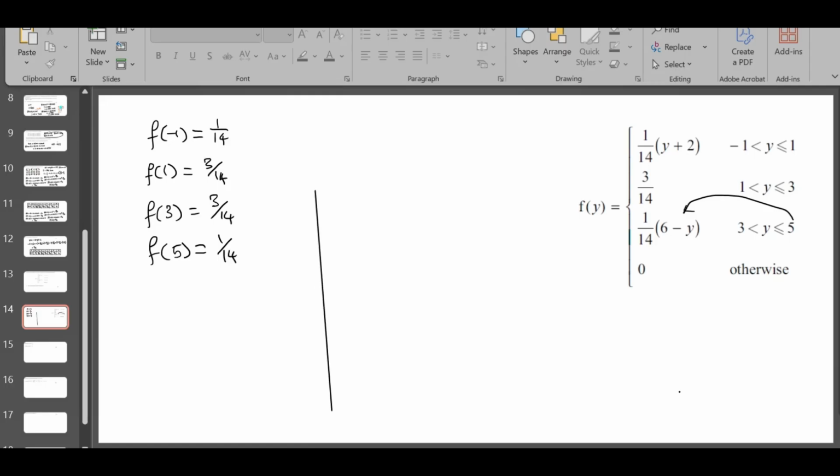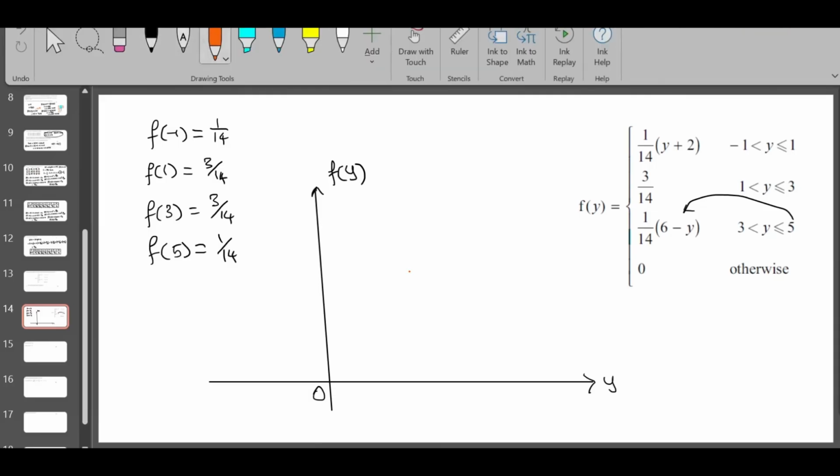I'm going to sketch the graph now. So draw the axis first. Always label them first: y, f of y and origin. Now listen to me carefully. From -1, let's say -1 here, the value of the function is 1 over 40. You can just put a dotted line here and here.